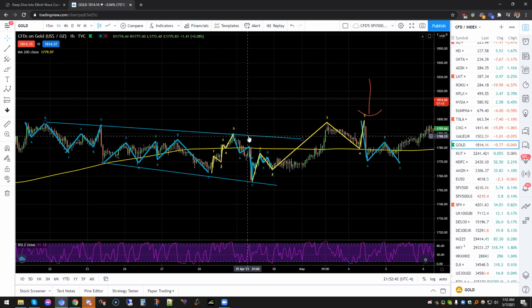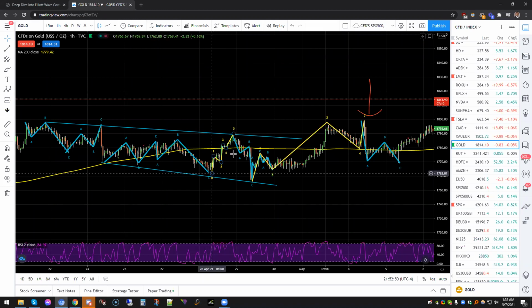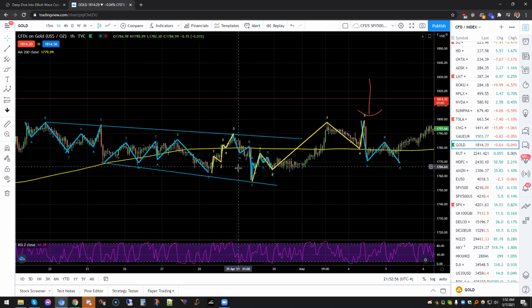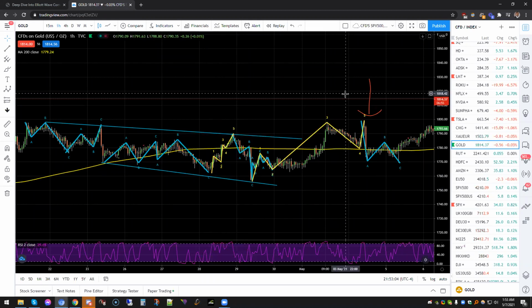It's simply because the market makers are trying to trap the buyers, right? So everyone is looking to buy from this level. Okay, they started buying, they allowed the price to move up, and they just simply brought it back, took out the stops, right, that are just below this level. After they take out the stops, they take the price to the upside.